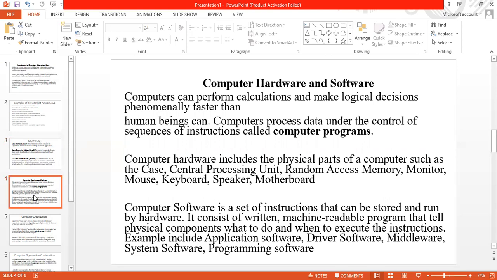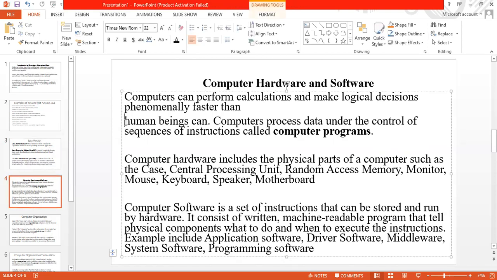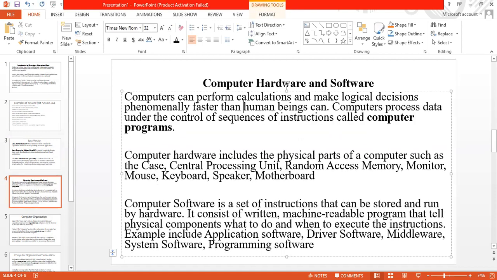computer hardware and softwares. Computers can perform calculations and can make logical decisions that are even faster than a human being. They can do computation, mathematical programs that are even faster than human being.